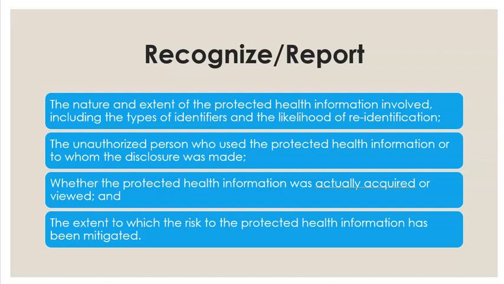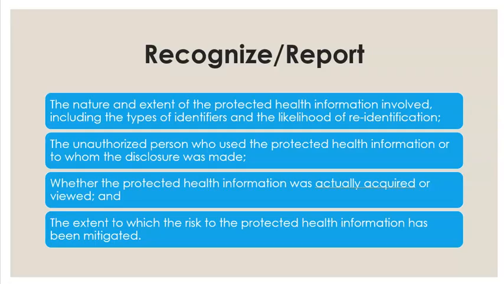And you can actually Google that as well. Some of the factors related to the risk assessment are really about the nature and extent of the PHI involved, the unauthorized person who used the PHI, whether the PHI was actually acquired or was it viewed, and the extent to which the PHI has been mitigated.